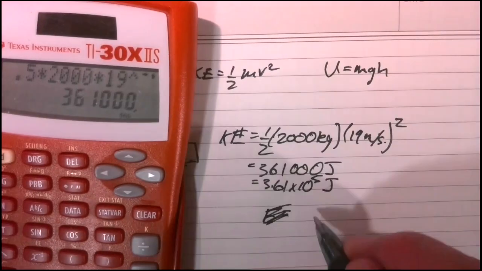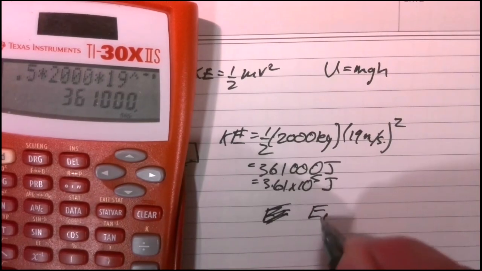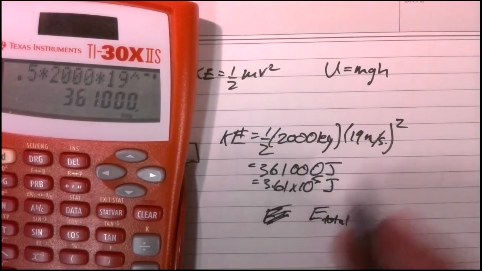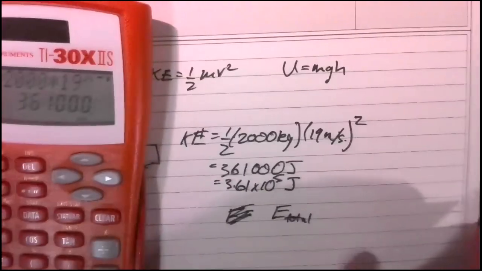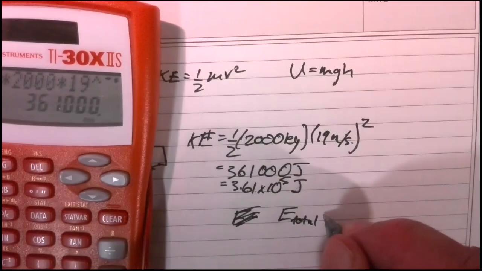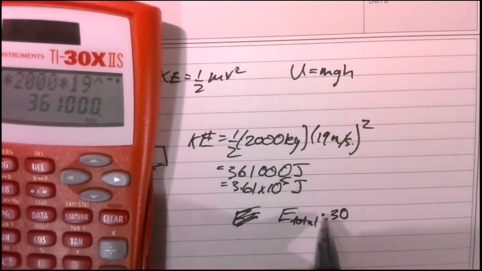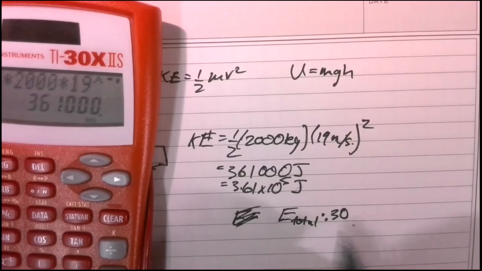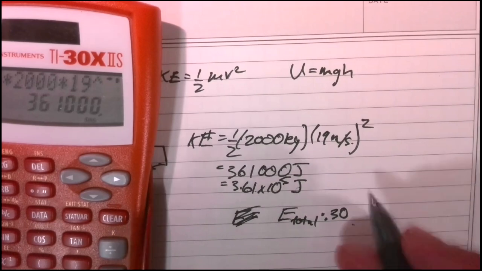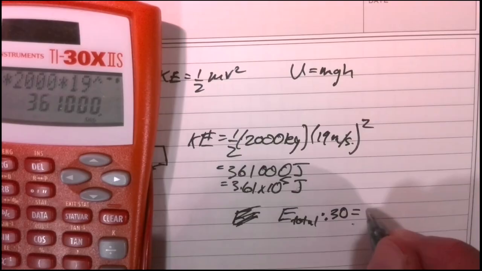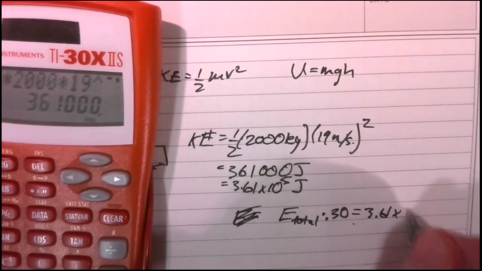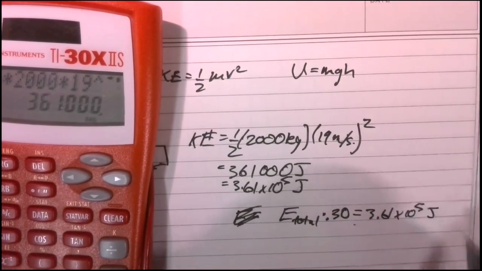This is 30% of our total energy. If you're going to multiply something by a percentage, you say the total energy times 0.3. That's 30%. That equals 3.61 times 10 to the 5 joules.